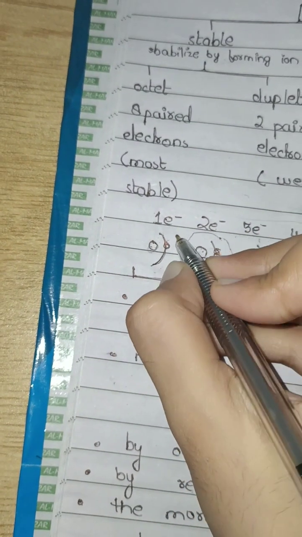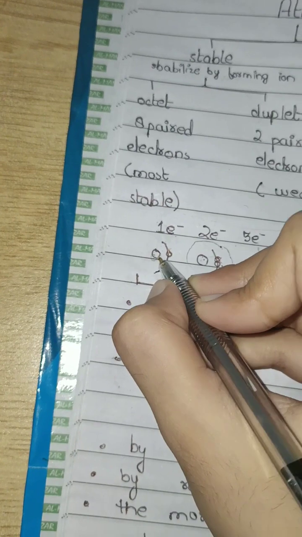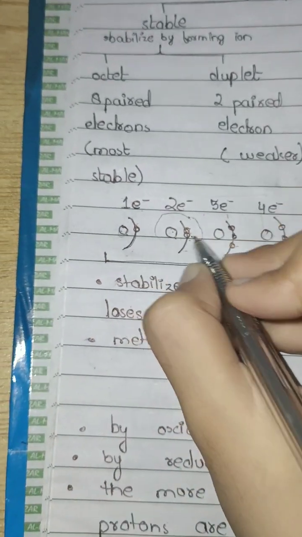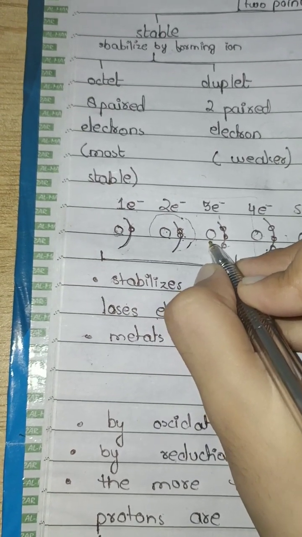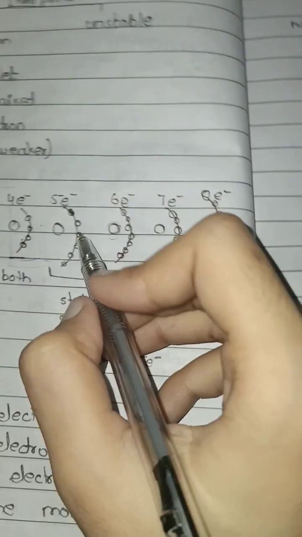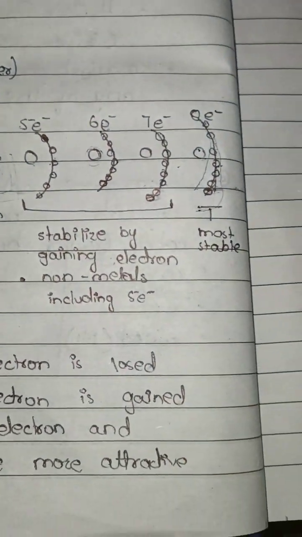Or we can say that, as we know, the number of electrons is equal to the number of protons. Here the number of protons will be 1, 2 or 3. Fewer protons, less attractive force, it will lose electrons. More protons, more attractive force, it will attract electrons.